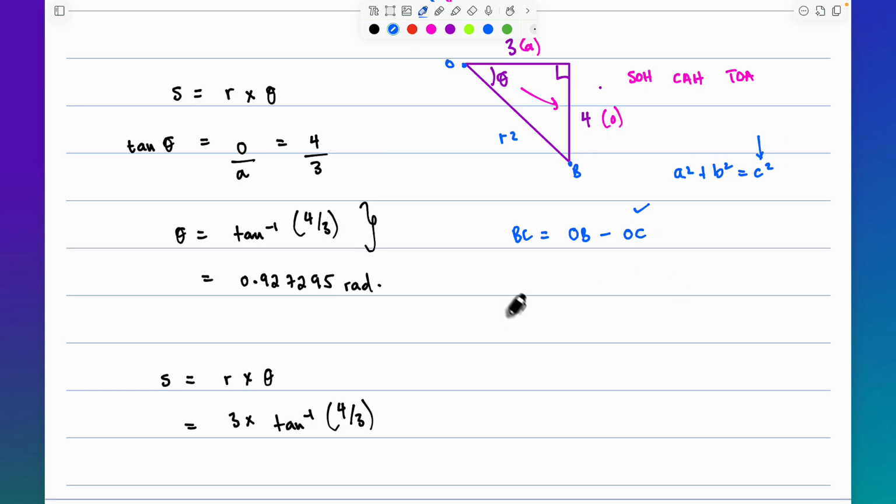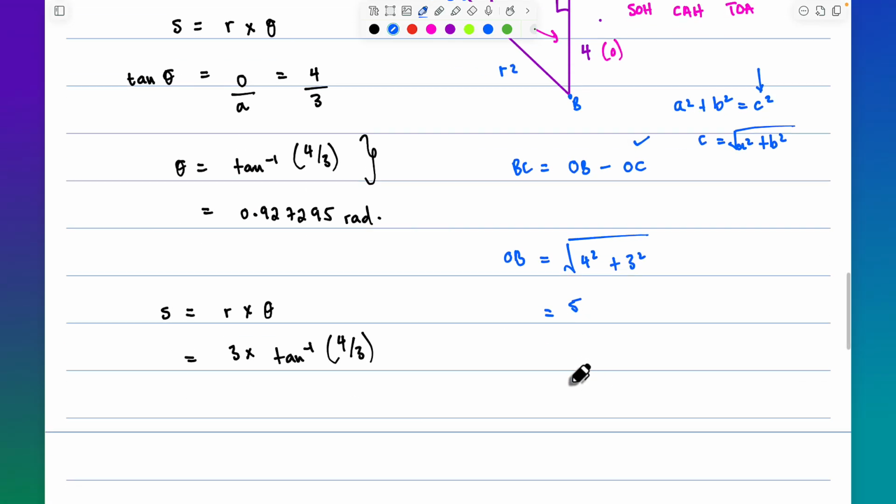So in this case, to get OB, that also means c is equal to the square root of a squared plus b squared, right? So to get OB, it's going to be the square root of 4 squared plus 3 squared. Essentially, to get the hypotenuse, you take the opposite squared plus the adjacent squared, and then the square root. If you put those into your calculator, you should get 5.